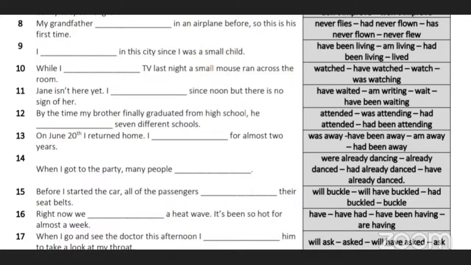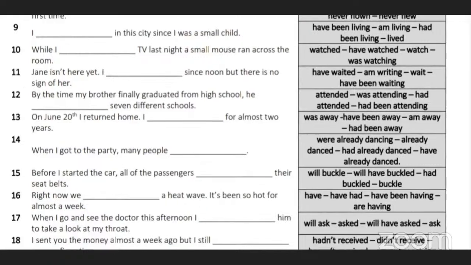Have been waiting is the correct answer. I have been waiting since noon. Okay, move to number 12. By the time my brother finally graduated from high school, he dashed 7 different schools.